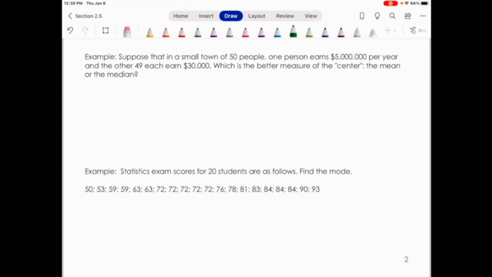But what is important to understand is that the mean is a kind of average, and so is the median, and so is the mode. The word average describes, in general, the measures that you can use to describe the center of the data.